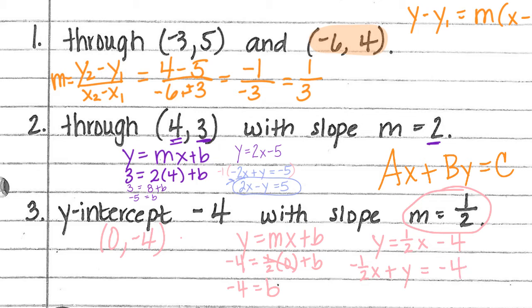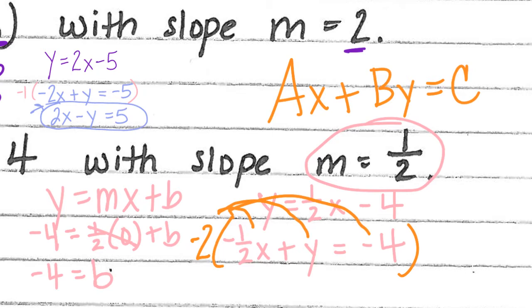Bringing that over. And now I have to multiply everything through by -2. I'm going to multiply this, this, and this. So my final answer is x minus 2y equals 8.